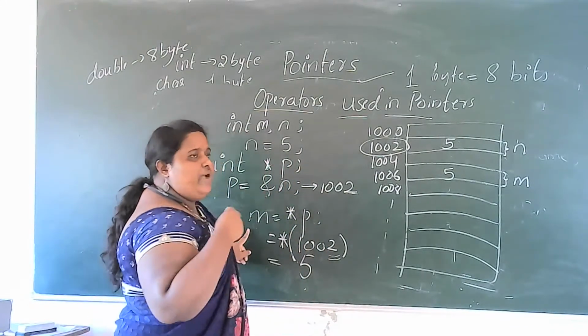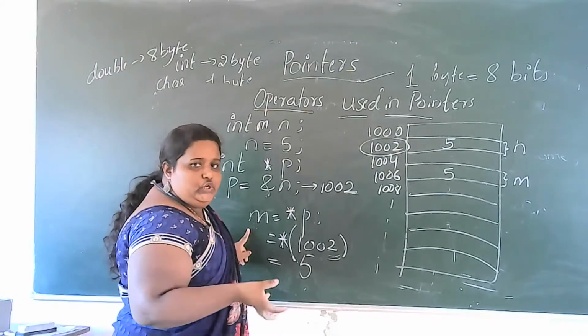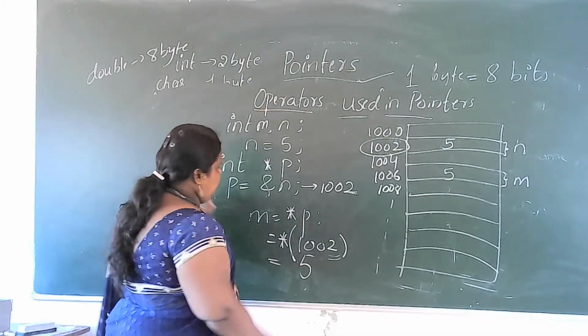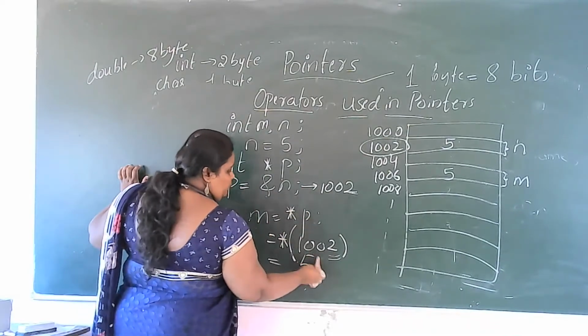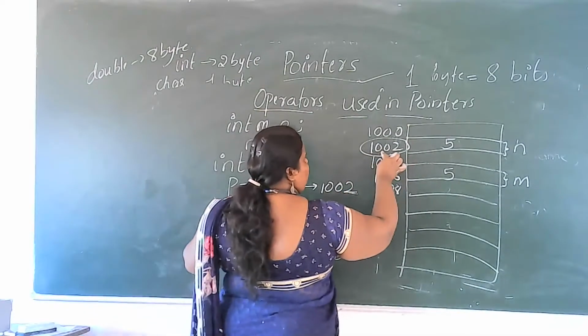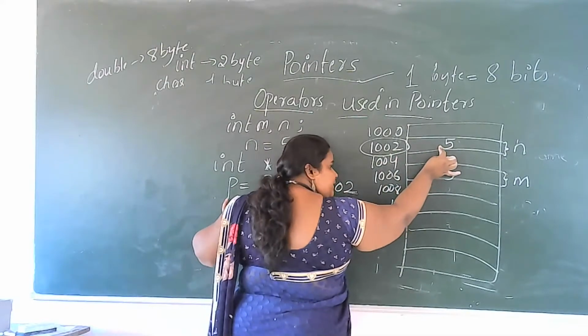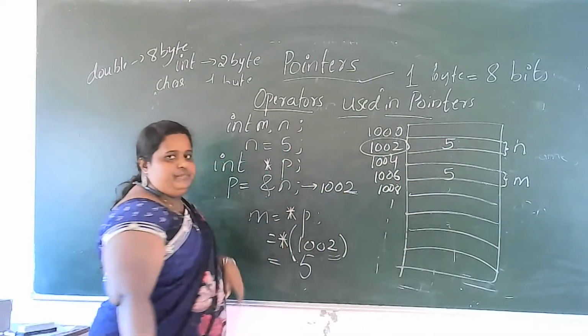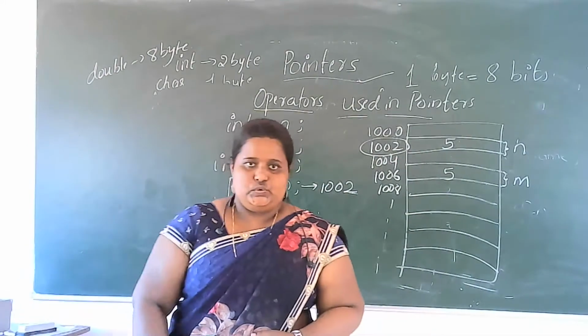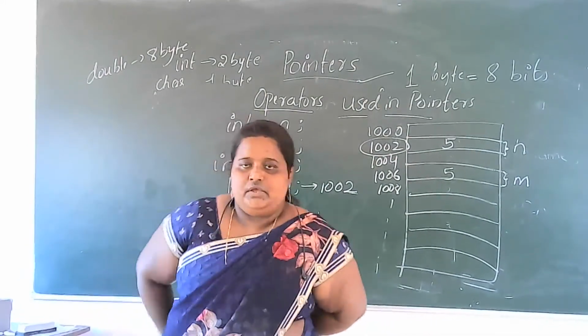Star is used to retrieve the value stored in a particular memory location. What is the value of p? 1002. At 1002 the value is 5. That 5 is stored in m.